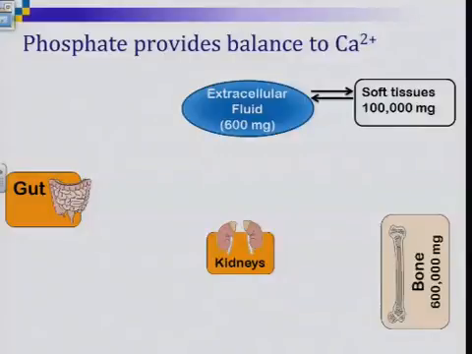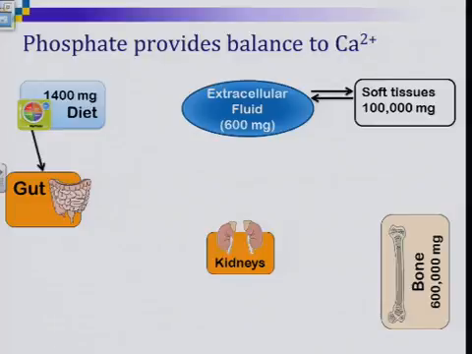Phosphate then provides the ionic balance for the calcium. Okay. Now the distribution of phosphate is a little different than calcium. There's about 600 milligrams in the extracellular fluid, and about 1,000 milligrams exist in soft tissues in the body, and that's because there's so much phosphate in DNA and RNA. Okay. About 600,000 milligrams in bone. Again, it's taken in through the gut and reabsorbed in the kidneys.